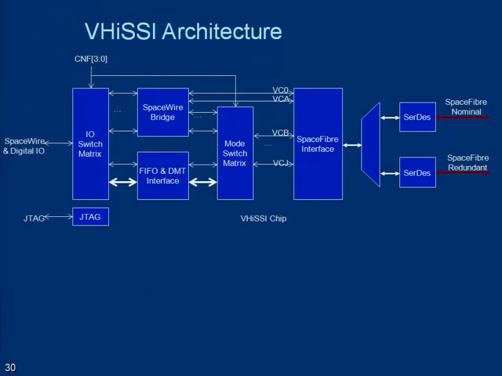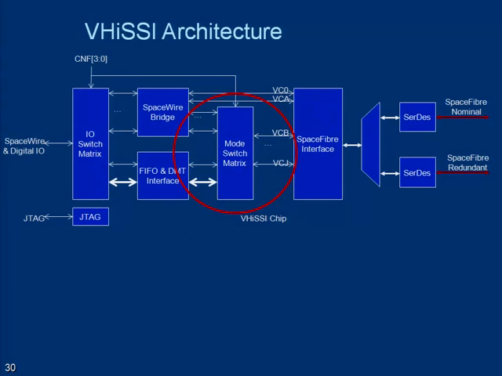So this shows the architecture for this device. Here we have the SpaceFibre interface, which is the complete SpaceFibre codec with several virtual channels. And then we have the SpaceFibre bridge mode. This basically provides a number of SpaceWire interfaces. Then we've got the FIFO and DMA mode, which provides a number of parallel interfaces.